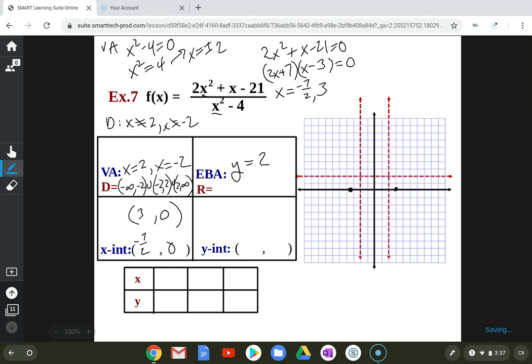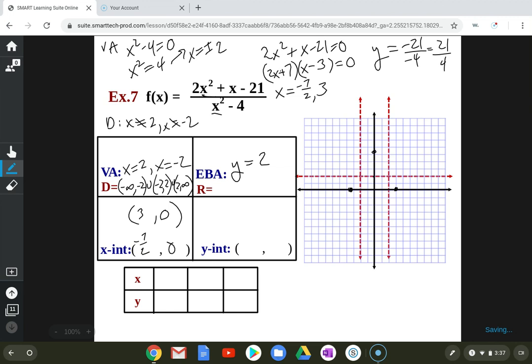There's my two x-intercepts. My y-intercept is, let's see, set those x's equal to 0. So I get y equals negative 21 over negative 4, or 21 fourths, which is a little over 5. 1, 2, 3, 4, 5, somewhere right up here.